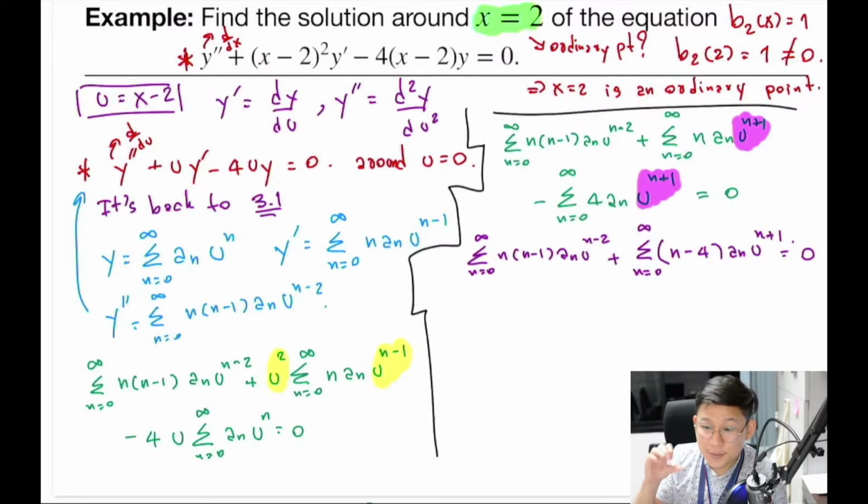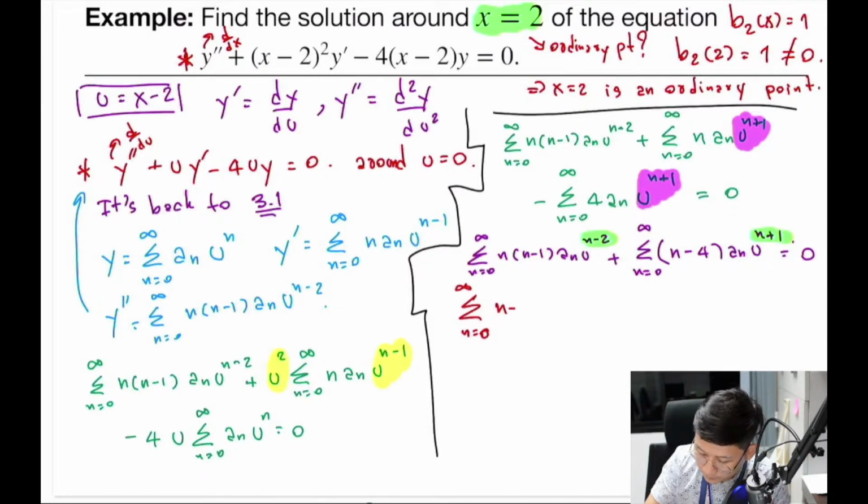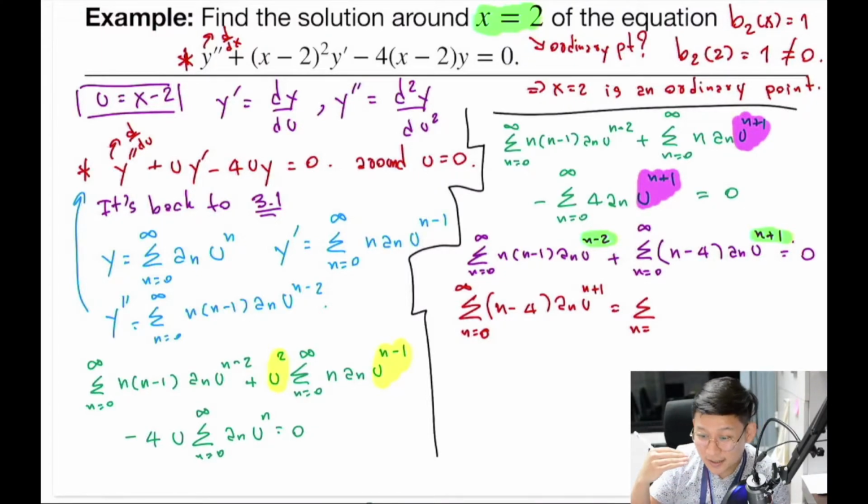After that, we need to rearrange the exponents, right? Because the exponents here are n minus 2 and n plus 1, so we need to change n plus 1 to n minus 2. And that can be done by, if you notice, from 0 to infinity, n minus 4 a_n u to the n plus 1, we can change it to summation n from 3. We need to start from 3 because we're going to substitute n with n minus 3.